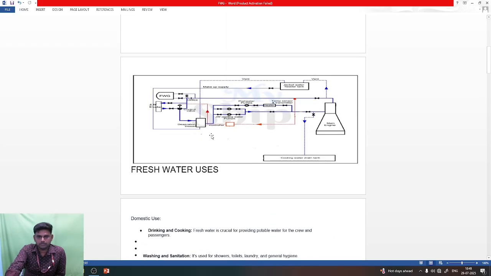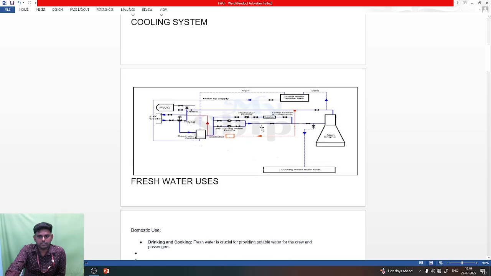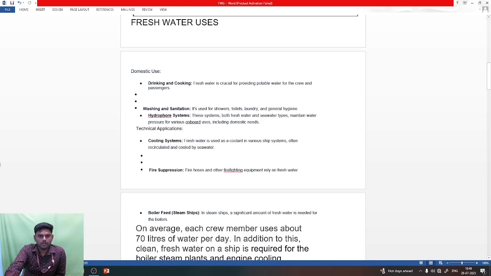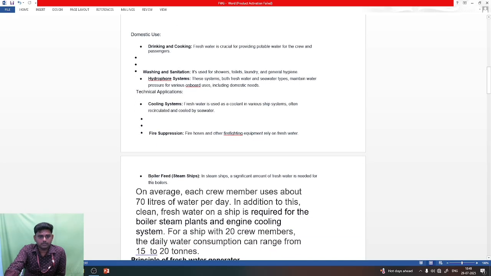Then cooling systems. The cooling system we have already seen; this is the main engine cooling system. Then fire, we have to isolate the fire from the places. Then boiler feed.